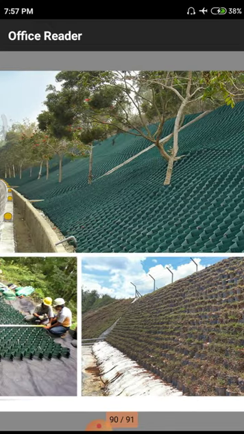This is the structure. Normally a sloped area is there. On those sloped areas, if there is any rainfall or windstorm, automatically due to those we have to face large deformation in the body.